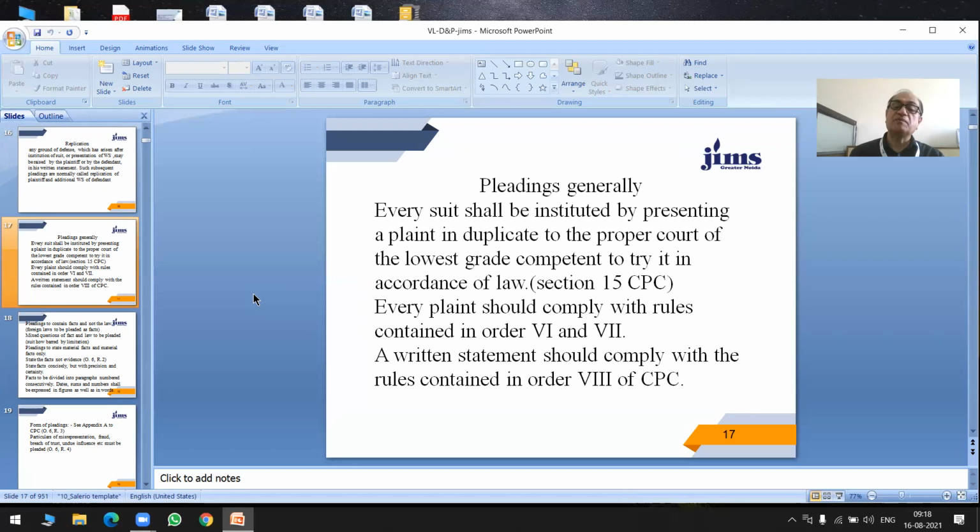And every plaint should comply with the rules contained in Order 6 and 7. A written statement should comply with the rules contained in Order 8. So the suit has to be drafted for institution in the proper court of lowest grade, competent to try the suit in accordance with law. So the name of the court which you will draft should be the court of lowest grade, competent to try it.